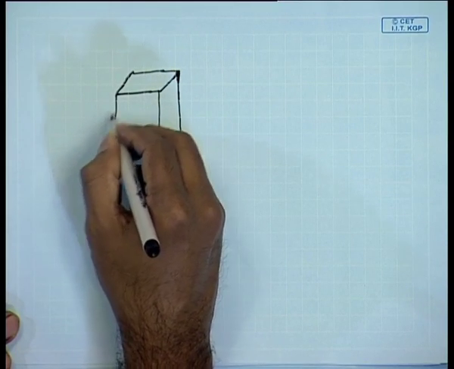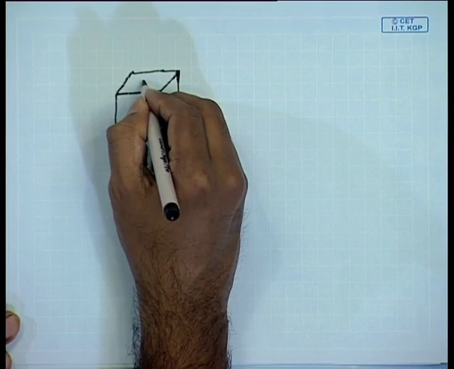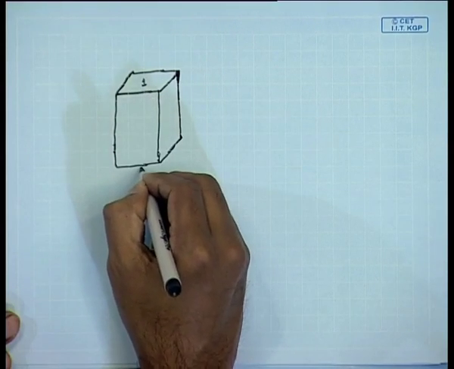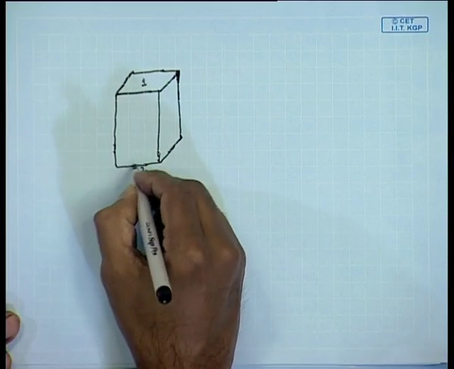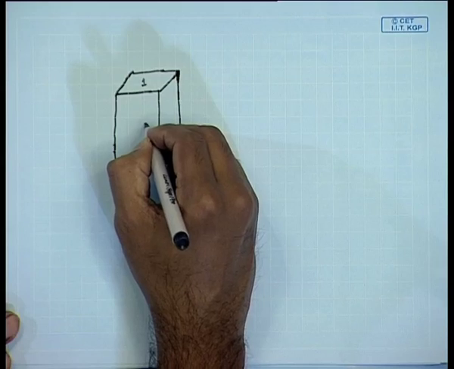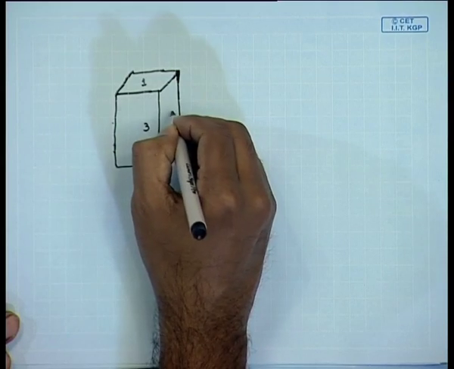And let us suppose that, so this is a solid and these are its faces. One is this face, 2 is the face below, it is not this one, it is the face below, then this is 3, this is 4, that is 5, this is 6.